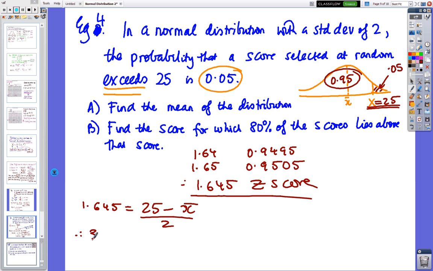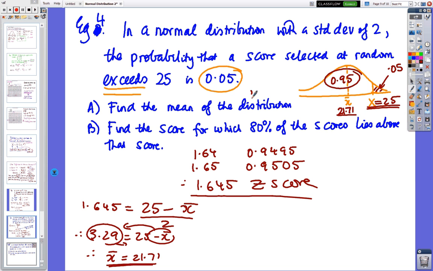So I've got 3.29 equals 25 minus x bar, and then just swap the positions. That goes forward, that comes back. So 25 minus 3.29. So the average is 21.71.